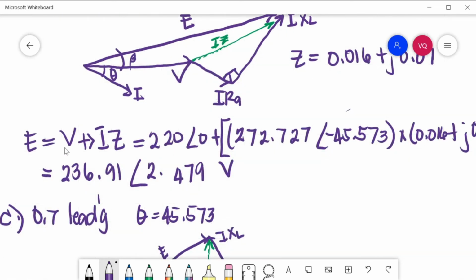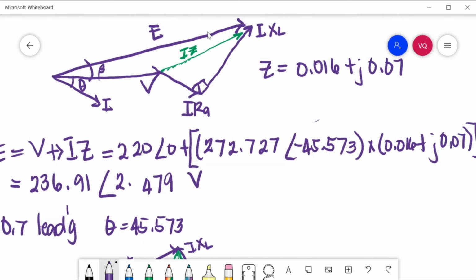So I will use V plus the vector sum of IZ. So 220 angle 0, the voltage is at angle 0, plus the product of IZ. What is I? 272.727 angle, what is the angle? That is negative because lagging, negative 45.573, times your Z, which is 0.016 plus j0.07.